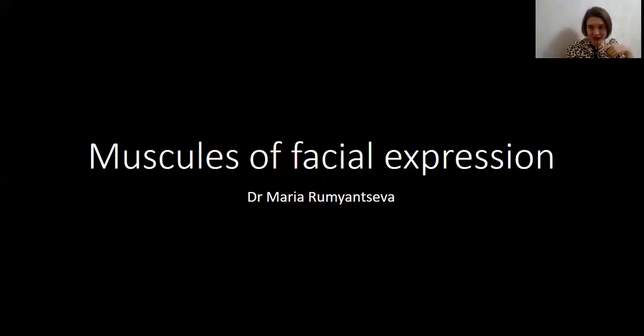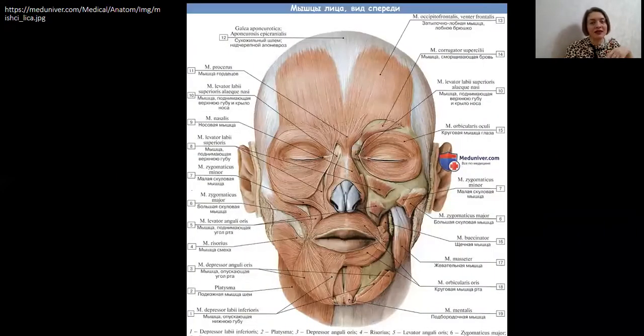They are also known as mimetic muscles because they control facial expression, and we can also call them muscles of facial expression. Let's talk about some of them. Here you can see a scheme where different facial muscles are shown. Facial muscles are just under the skin.